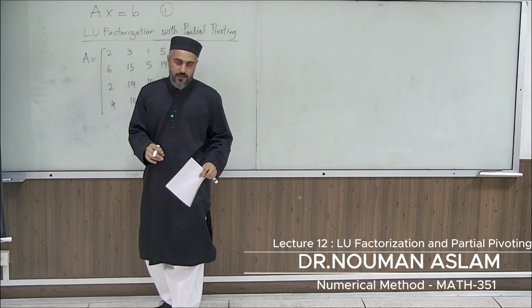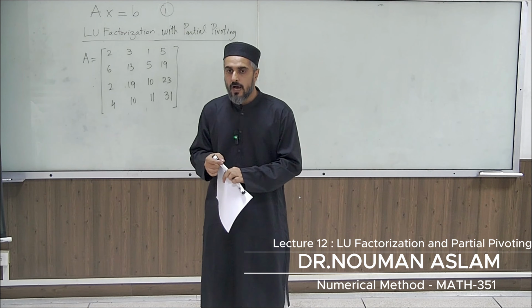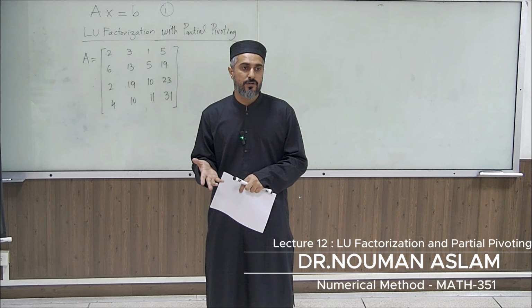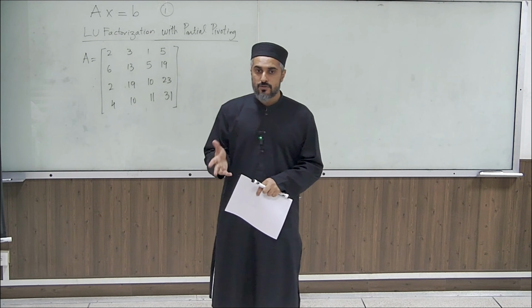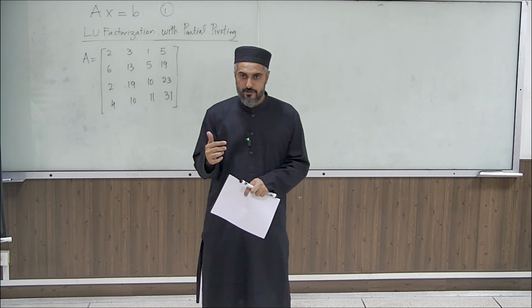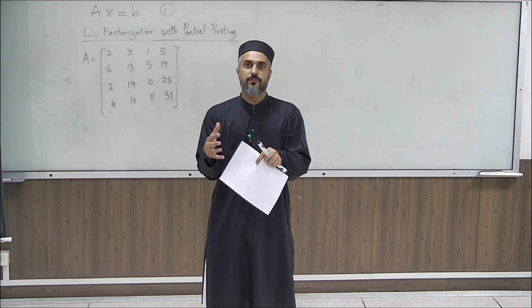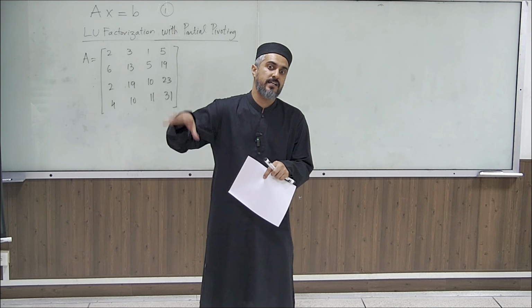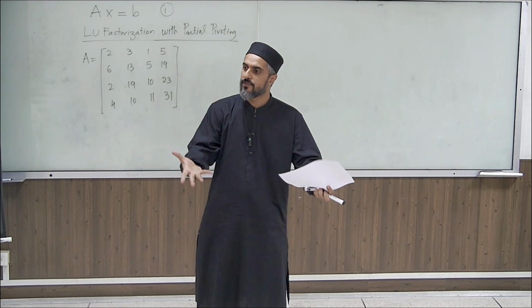You see, when I did a previous example and I'm doing another example, I'm just considering the coefficient matrix. When you try to solve with Gauss elimination, you take an augmented matrix. In LU factorization, I'm only dealing with the coefficient matrix. If the right hand side is changing, I can apply the same observation on that problem too.